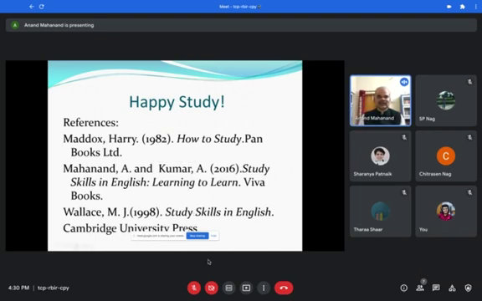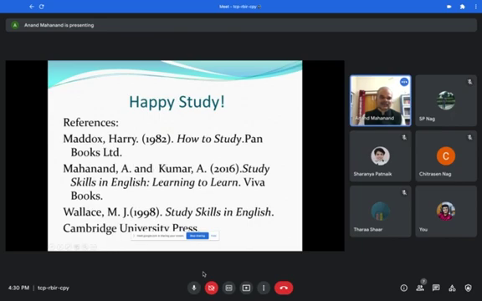This book I read long back. In my high school, I used to read this one. And I developed interest in study skills. Harry Maddox has written it. There is a book called Study Skills in English, Learning to Learn.